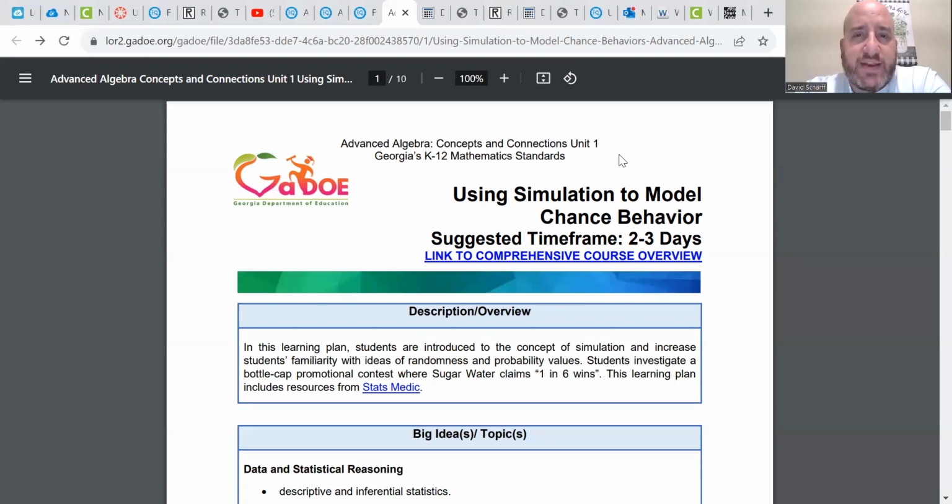And then once we have that data, we can take that data and analyze it, just as the raw data alone, or we can analyze it with things such as probability or mean, median, mode, things like that. This first lesson in the first unit is going to be using probability. It's using simulations to model chance behavior.